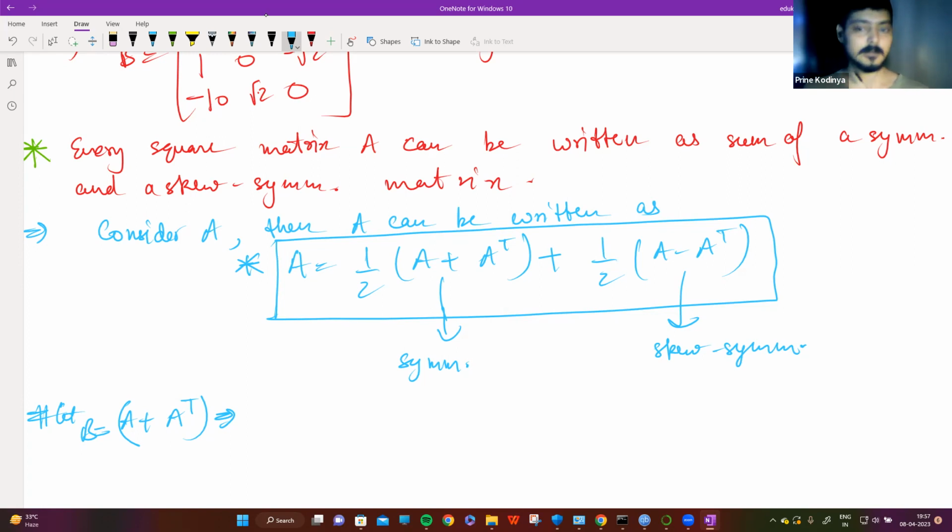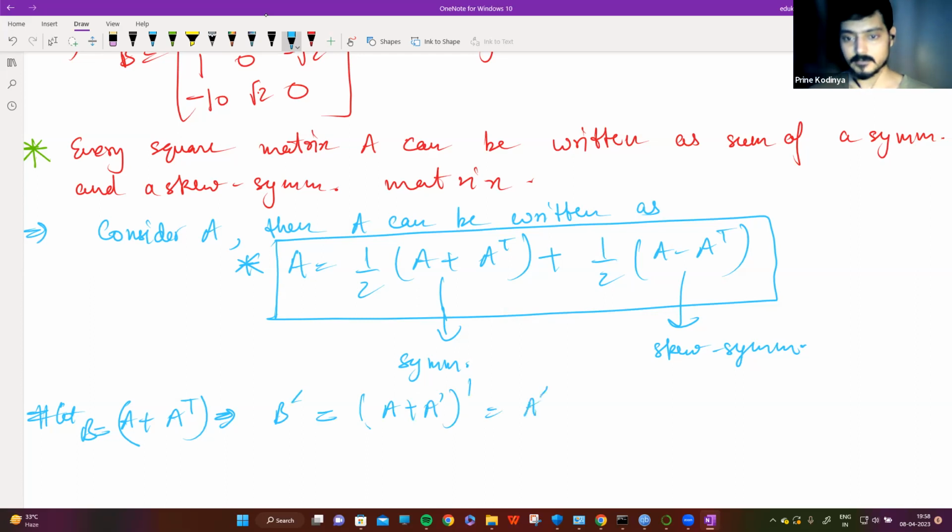So I'm saying that A plus A transpose is a symmetric matrix. I'm considering A plus A transpose as B. Let's check whether B is symmetric or not. So I'm taking the transpose of B. B dash would be A plus A transpose whole dash, right? Now transpose is distributive over addition.